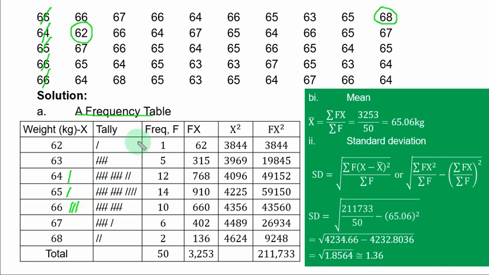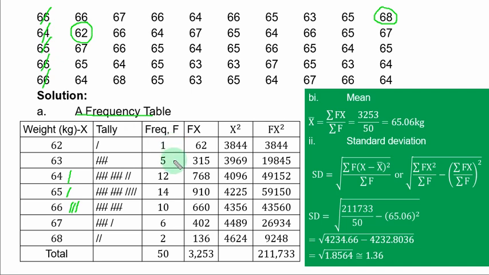After doing that, you have these tallies. Now a bundle of tally contains 5 strokes. You have 4, and you use the fifth one to cross the 4 together. So if the tally is written as frequency, one stroke means 1, and a bundle of 5 means 5.